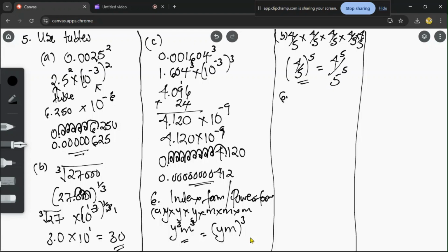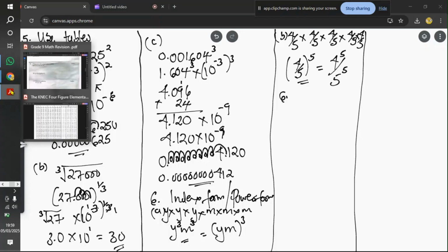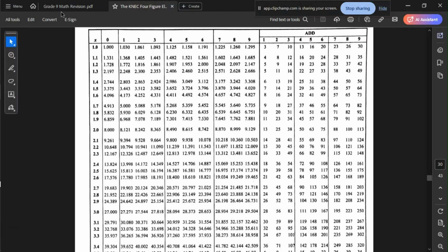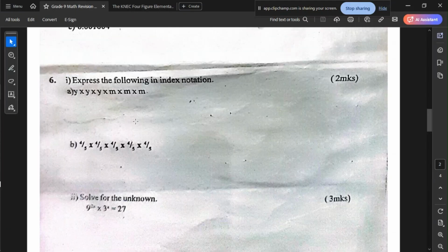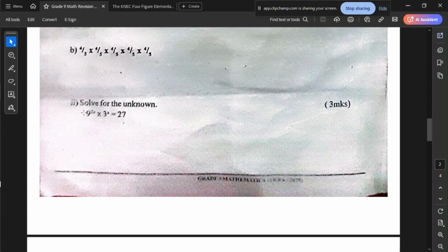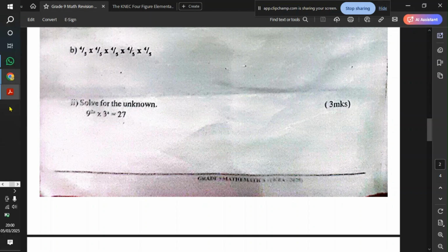Number 6, you solve what we have here. You want to solve this sum. Solve the unknown: 9 raised to power 2x multiplied by 3 raised to power x equals 27.